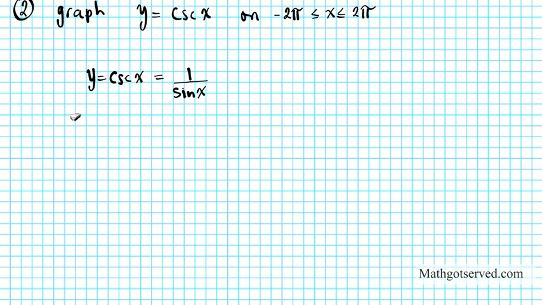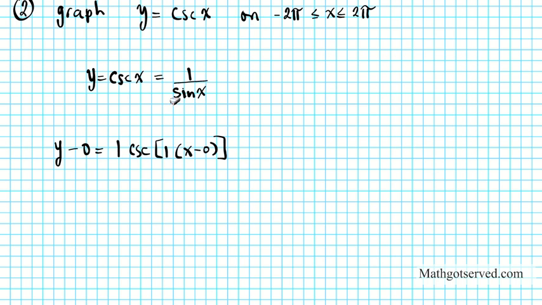Okay, so let's write this function in transformational form. So cosecant in transformational form is y minus 0 equals 1 cosecant parentheses 1 times x minus 0. Okay, so this is a transformational form. So the related reciprocal function that helps me determine the asymptotes can be written in transformational form also.